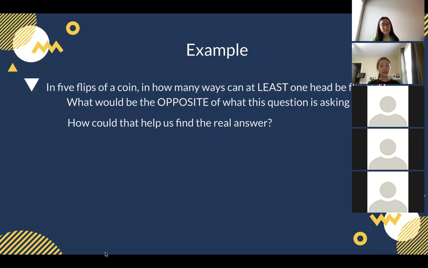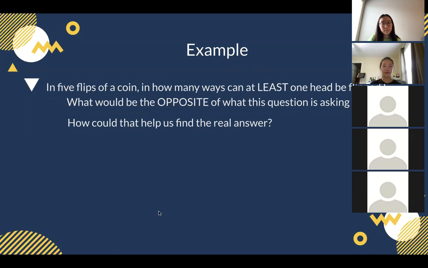And so I kind of want you to think about what the question's asking for, at least one head. So what would be something that you can count, yeah, like 5 tails or something, right?